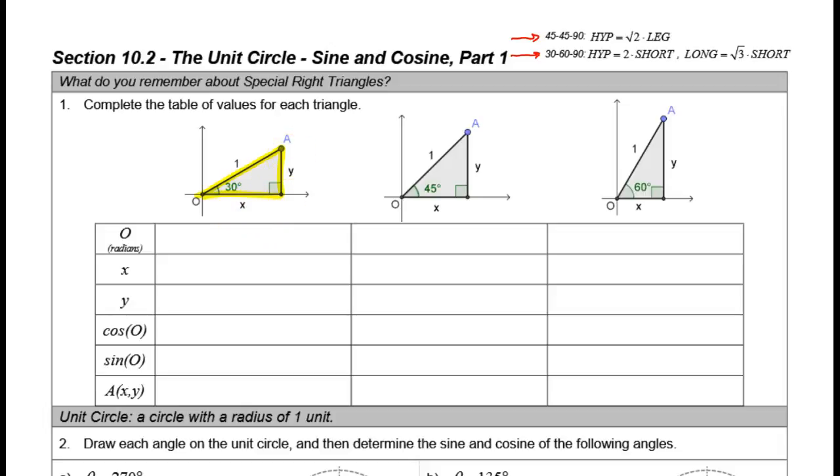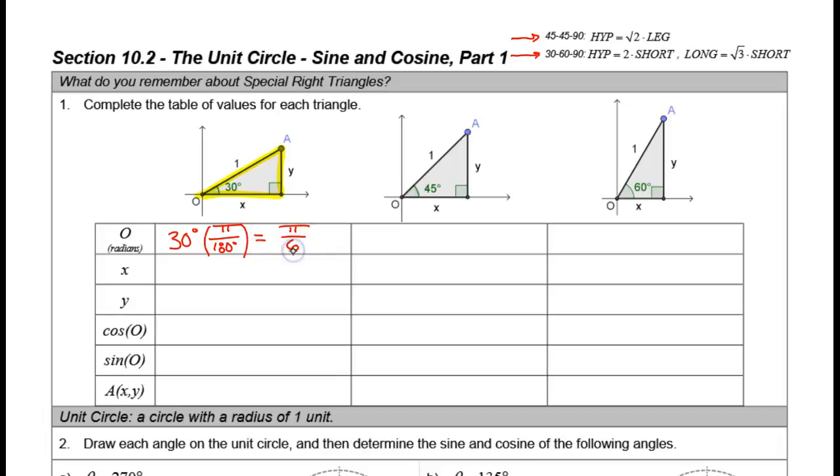So the first thing we'll take a look at is the measure of angle O in radians. Well, I have 30 degrees, and I remember from a previous lesson that I can multiply by pi over 180 degrees, the conversion factor to go from degrees to radians, and that gives me a result of pi over 6.